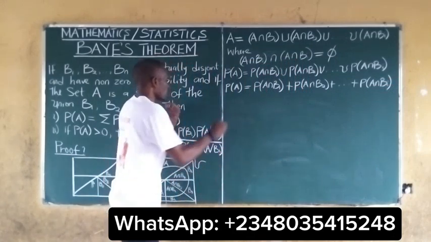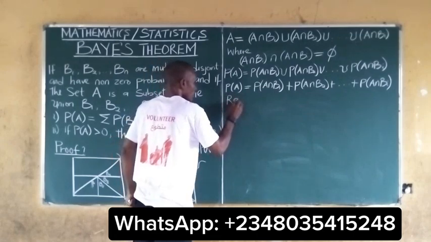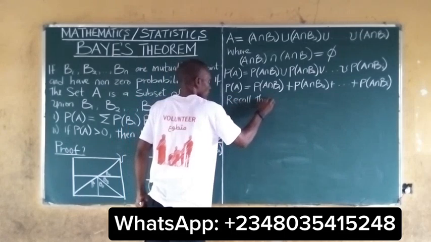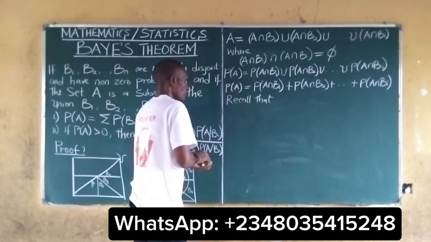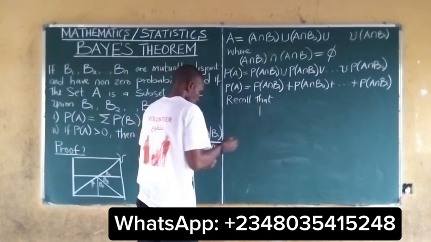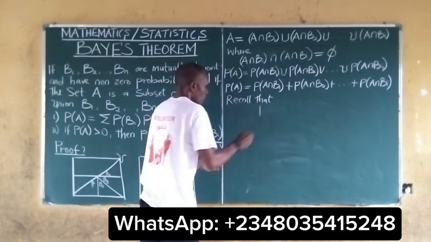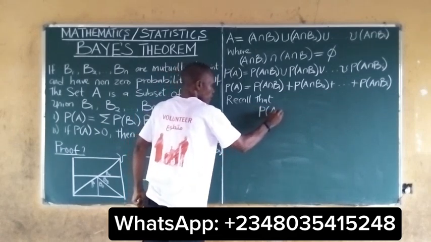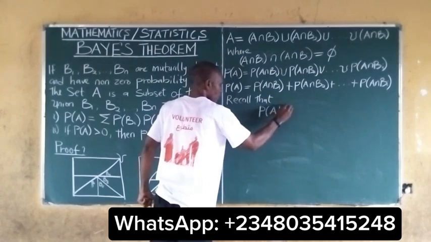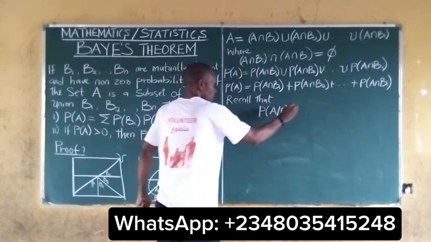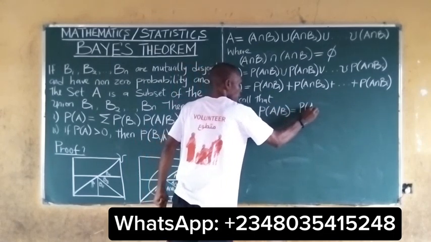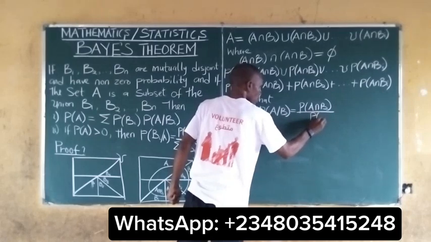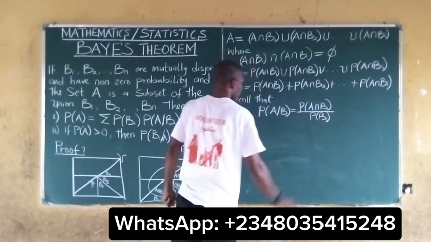So the next thing to do is that we'll recall that the probability of A conditioned on B, that means the probability of A given B, is equal to the probability of A intersection B all over the probability of Bi.